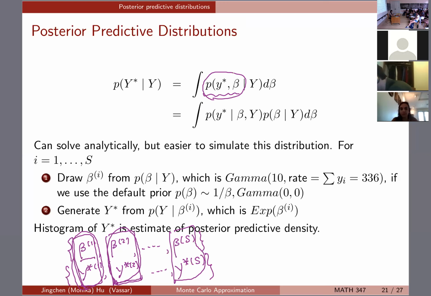You can imagine that the pair of beta and y star that we're getting from this procedure is trying to get that distribution. And that's what we're trying to do, right? Once you integrate out beta, that's what you can get. So each of the pairs, all together, is trying to approximate this particular distribution.